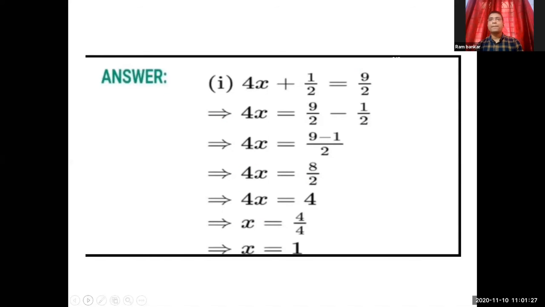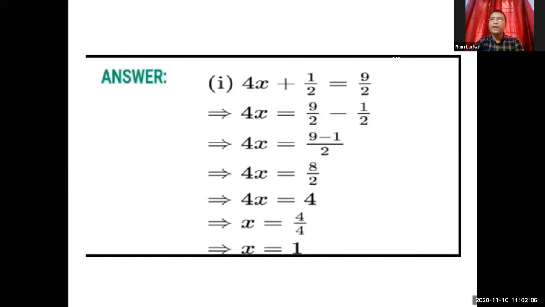Equations in one variable. Okay. Look at this question. Not 4x. This is also an equation with one variable. Okay. 4x plus 1 by 2. Step: 4x is equal to 9 upon 2 minus 1 upon 2. Why did they change it?